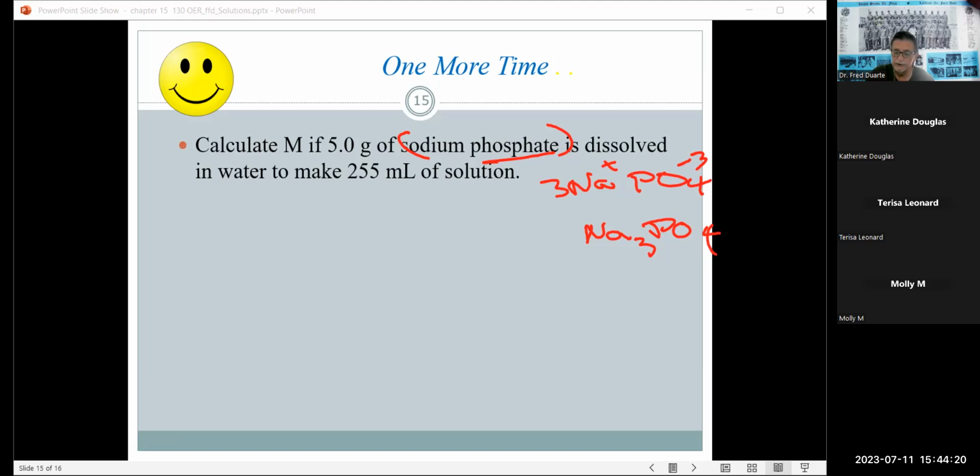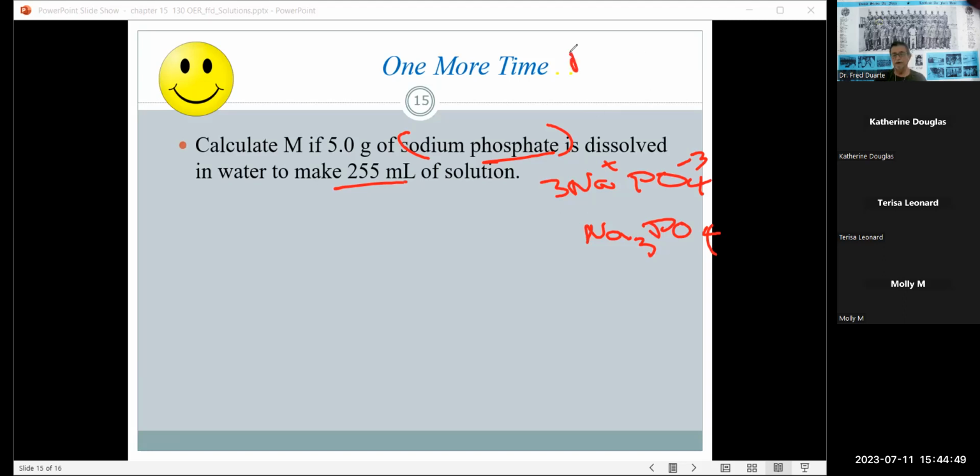So now with that information, I can figure out the molar mass. I got 3 sodiums, I got 1 phosphorus, and 4 oxygens. Find the molar mass for each atom from the periodic table, multiply by the number of each atom, tally it up, and you end up with the molar mass, okay? Now the other aspect is this. The solution is 255 milliliters, which is good, no problem, but we're in the units of milliliters.